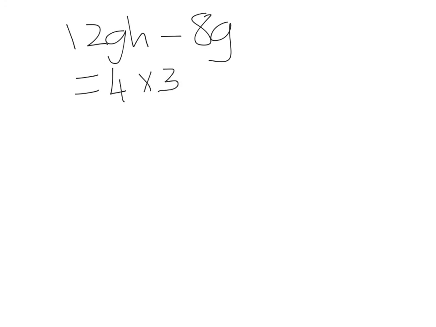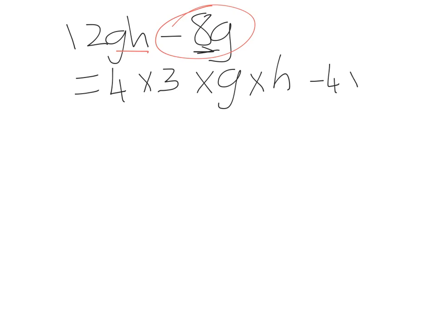And our factors for gh are g and h. All right, now let's do the other one. Okay, so now we subtract. We know that the factors of 8 are 4 times 2, and we've got our g there, so times g.